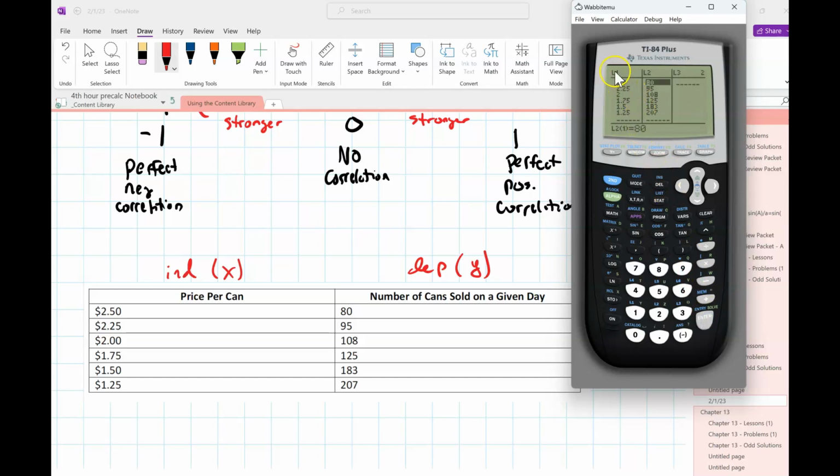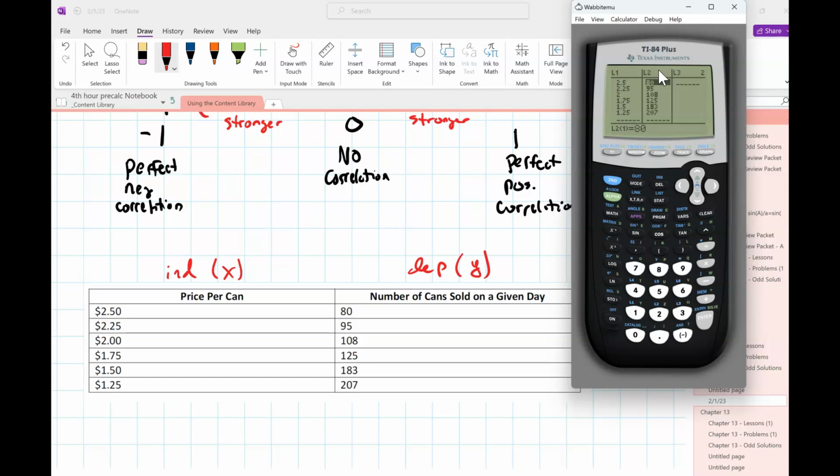And I'm going to notice at the top, I have some headings. I see L1, L2, L3. These are the names for some lists that are built into our calculator. I'm going to type my x coordinates into L1. I've done that already. And my y coordinates into L2.